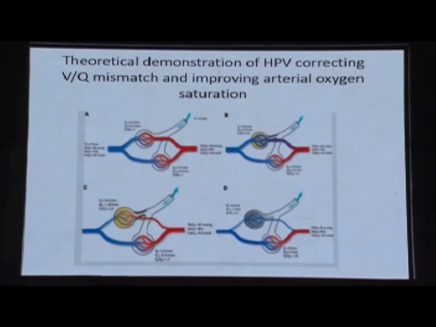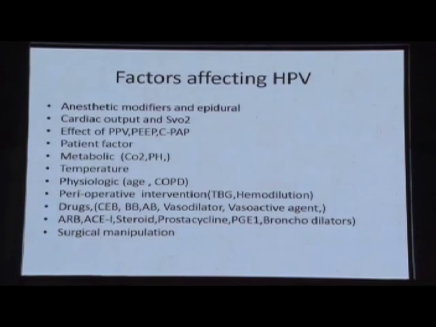That all adds up to give you the final result. The more venous admixture you have, the more desaturation you're going to get, which is the most common thing that happens in one lung ventilation. So what are the factors which affect hypoxic pulmonary vasoconstriction?